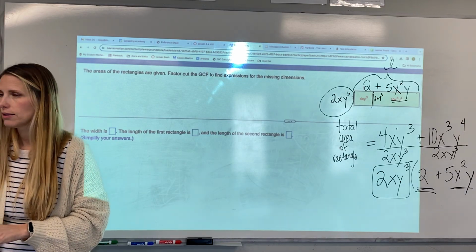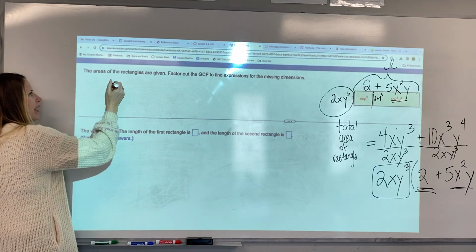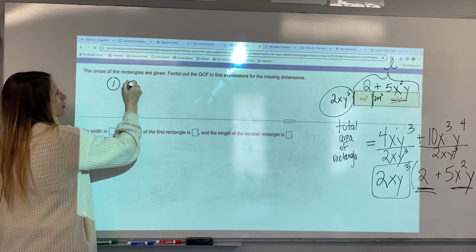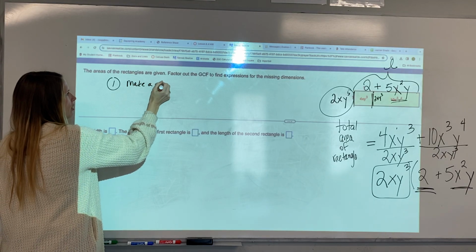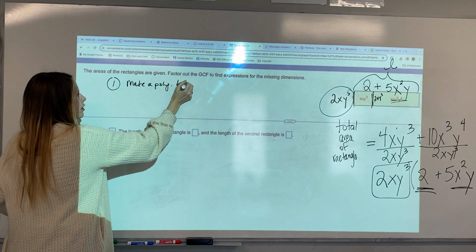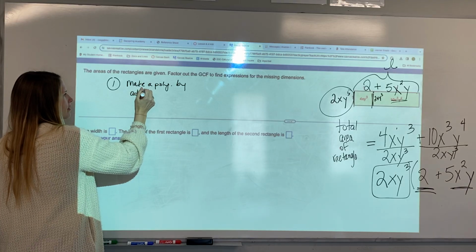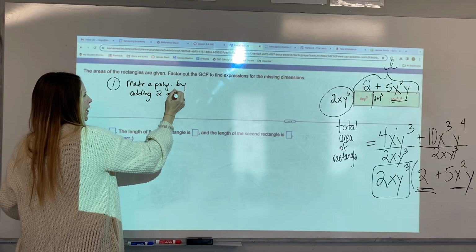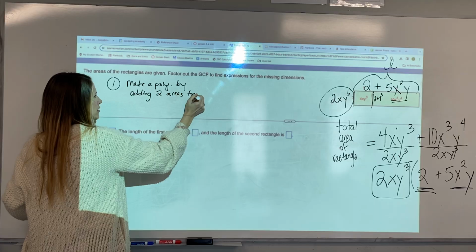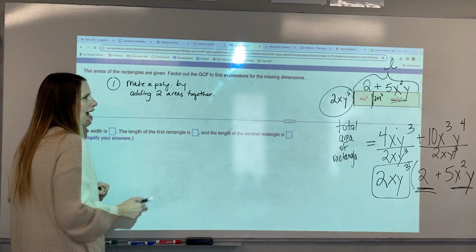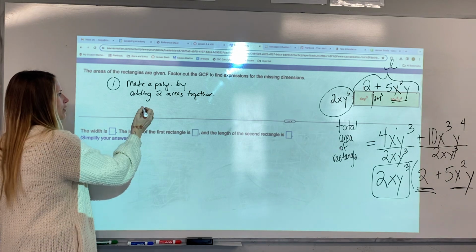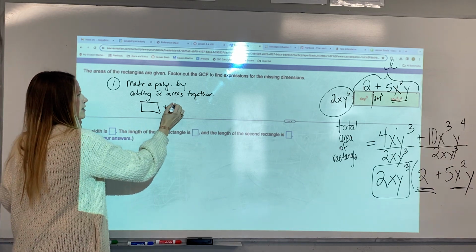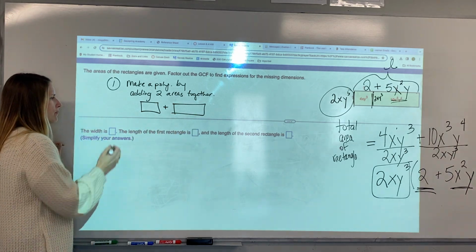Wait, so in Step 1, make a polynomial by adding 2 areas together. Now, are you actually adding? No, you're writing an expression with addition. So this area plus this area.